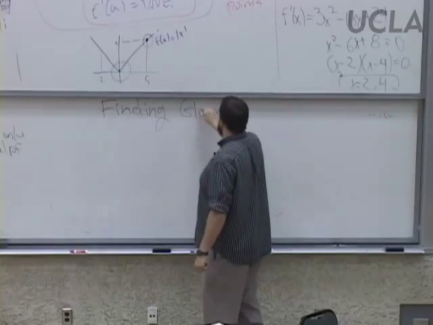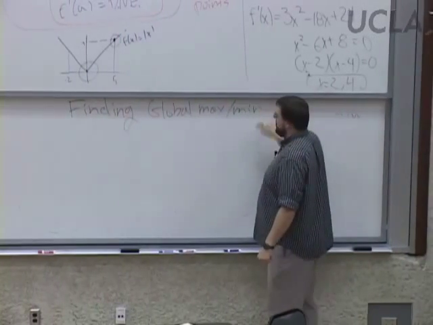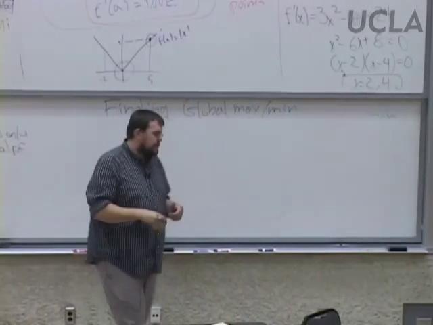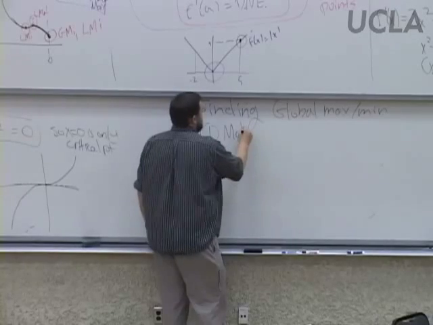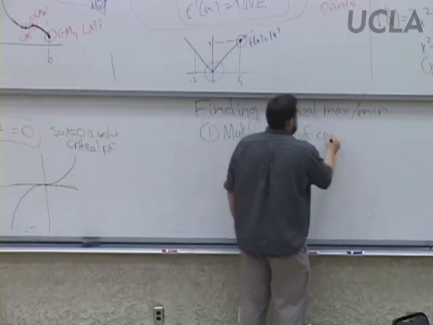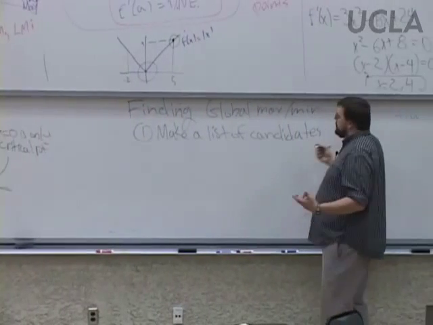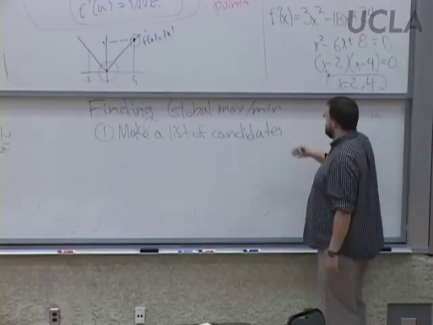Finding a global max / min. OK. So the first step is we're going to make a list of candidates. So in other words, we think we know where it's going to happen. There's only a couple places that it can happen. So we're going to make a list of candidates for it.